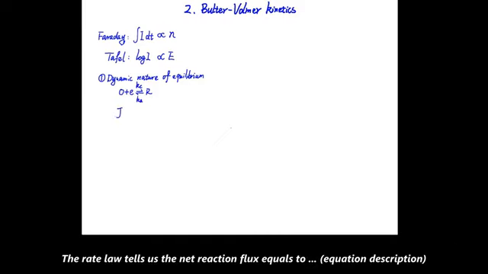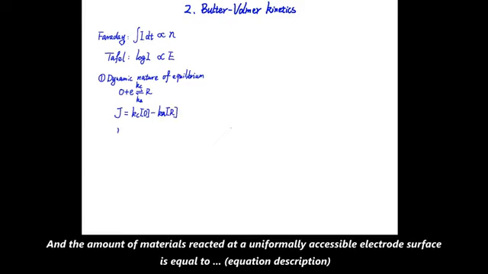The rate law tells us the net reaction flux equals Kc times the concentration of O minus Ka times the concentration of R. The amount of material reacted at a uniformly accessible electrode surface equals J times A, the electrode area, times t, the reaction time.